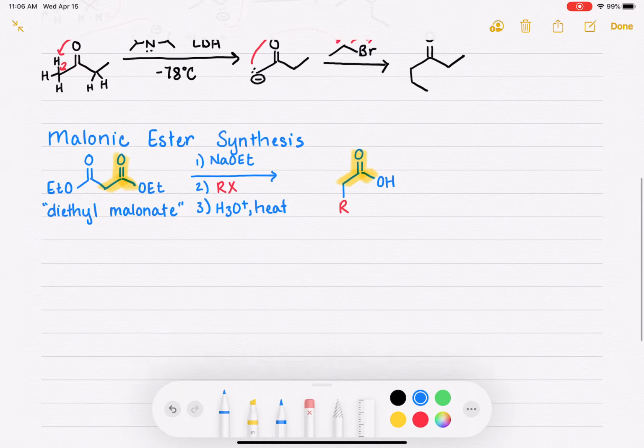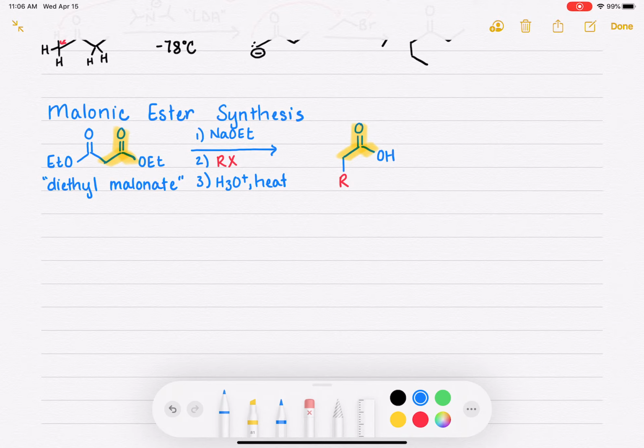That's the 3-step version. The 5-step version you would use if you wanted to add 2 alkyl groups to the alpha position. For the 5-step version, you basically repeat steps 1 and 2. So you do sodium ethoxide and then an alkyl halide of your choice.